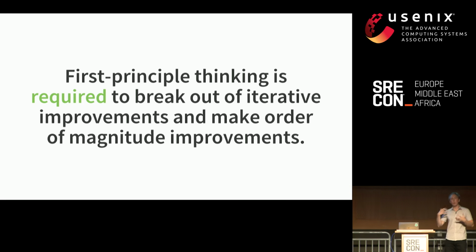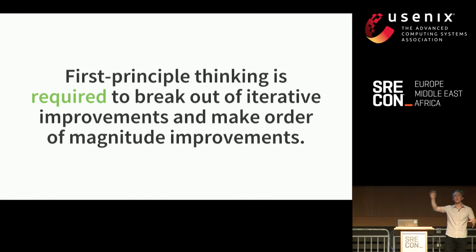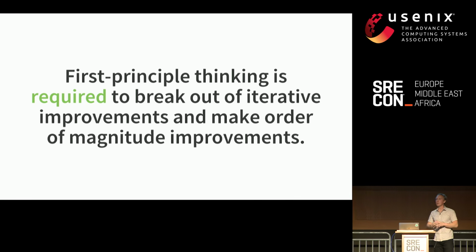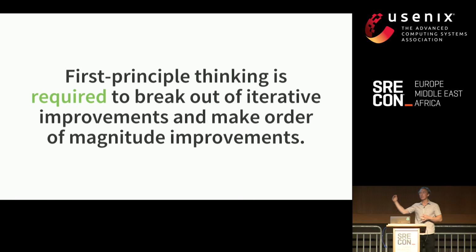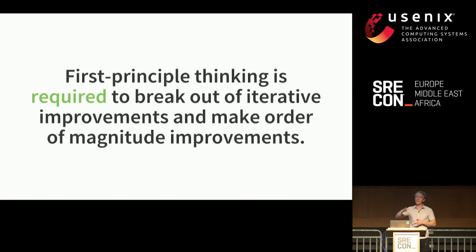If you need to make an order of magnitude improvement to your design, you really need to understand the abstraction levels below you. You need to understand the layers around you and put the puzzle together in a completely new way. You just can't do step changes or order of magnitude improvements to your systems if you're only iterating and confining yourself to the abstraction that you're currently at. You're going to have to combine more things around you.